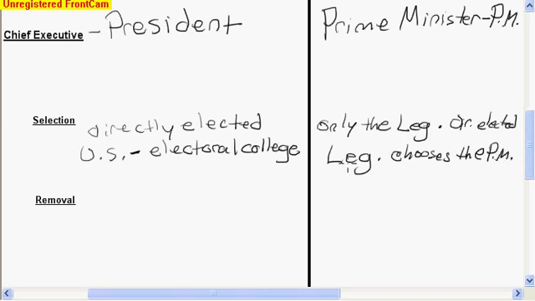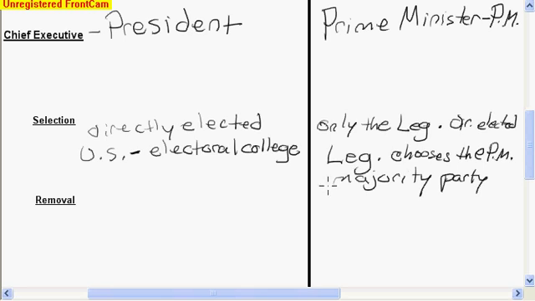So it's a little bit of a different setup, hence the reason why we talk about the parliamentary side being fused. In order for the legislative branch to choose the PM, the prime minister has to come from the majority party. So whichever party wins the majority in parliament in this example, then chooses their leader, and that leader will serve as the prime minister. They do vote for that prime minister, but only the majority party does the voting.